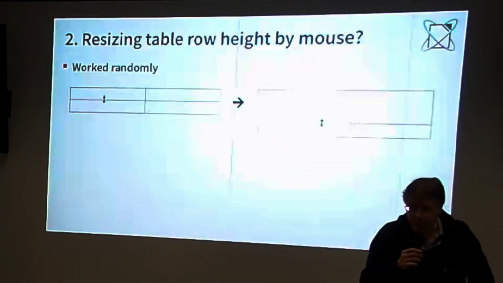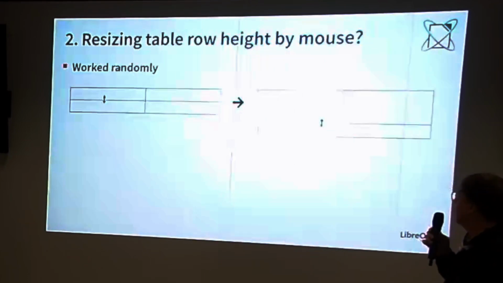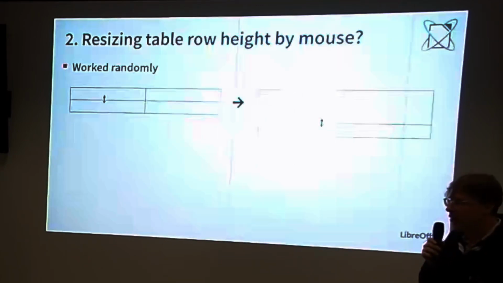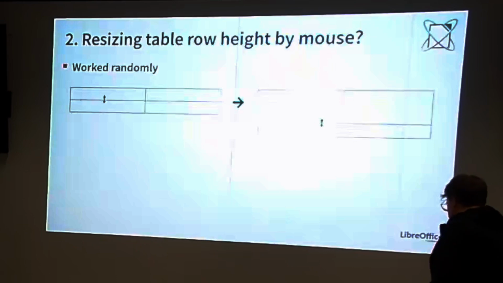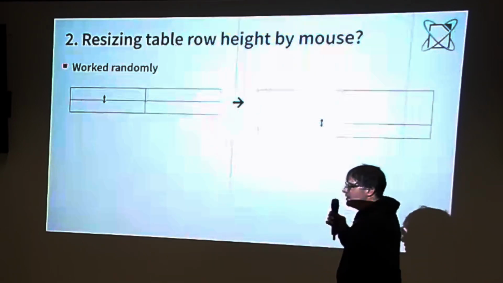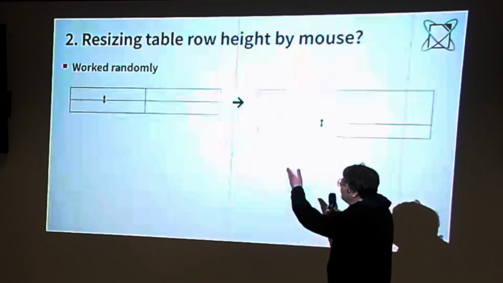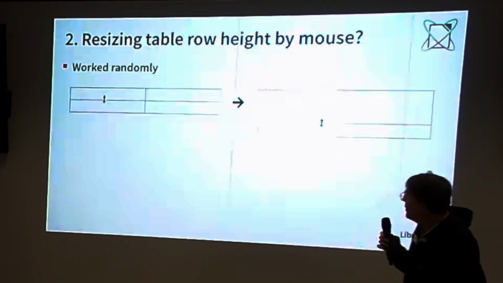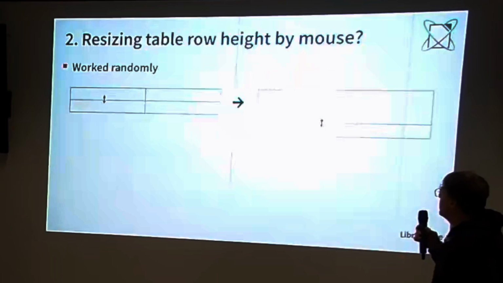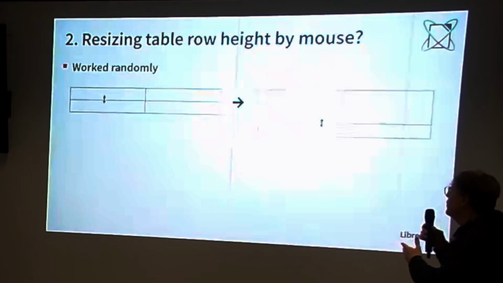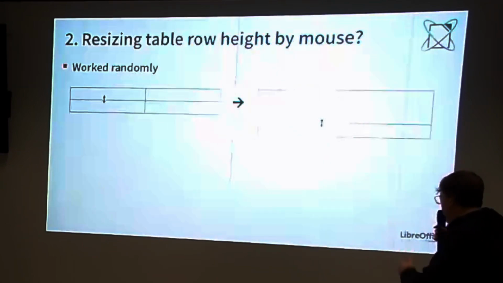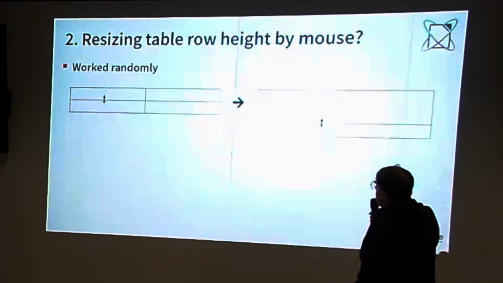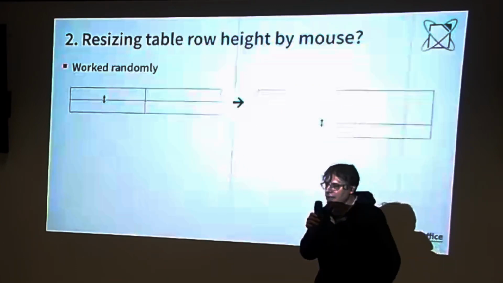the functionality of the tables in LibreOffice Writer was quite random. For example, I tried to resize a table, and after that I realized that you need only a simple plain table, and it was also a problem. Sometimes the resizing worked, sometimes not.